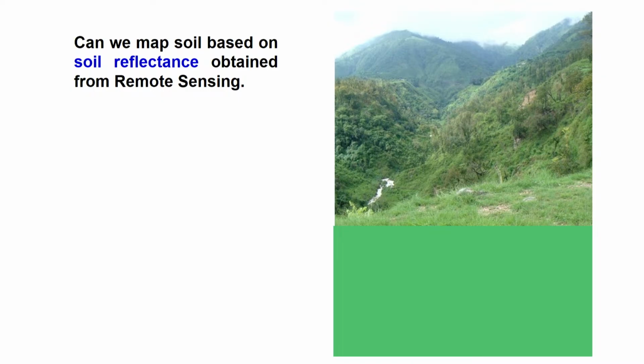Now the question comes, can we map soil based on the soil reflectance? You can map the soil if there is no cover, no vegetation present on the surface. If on the surface there is a vegetation or crop or forest, then you are getting the reflectance of crop and vegetation, not of the soil.